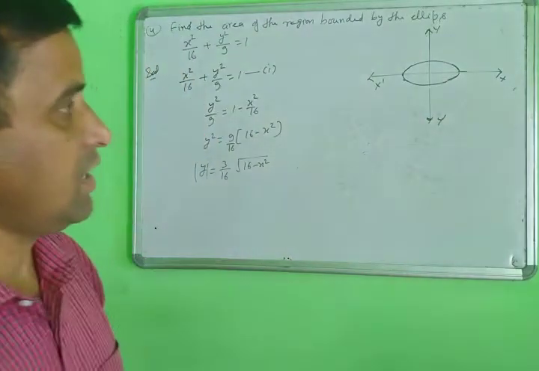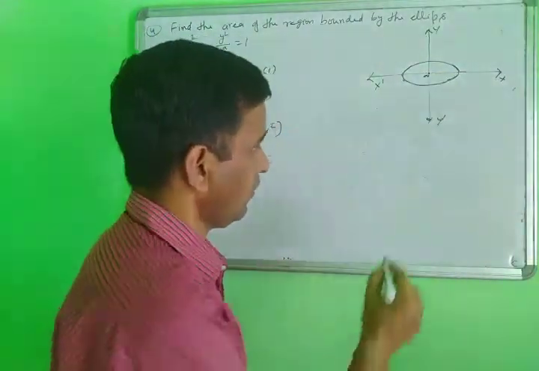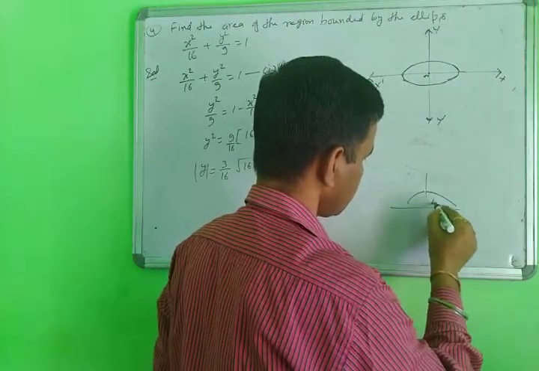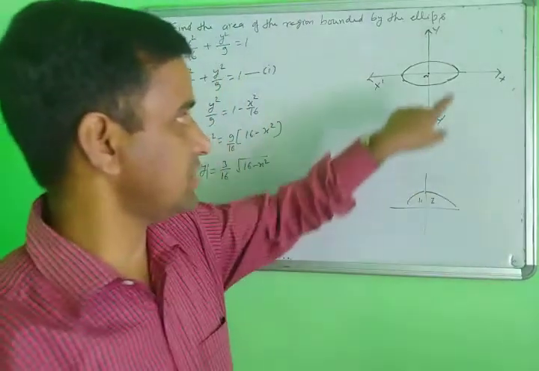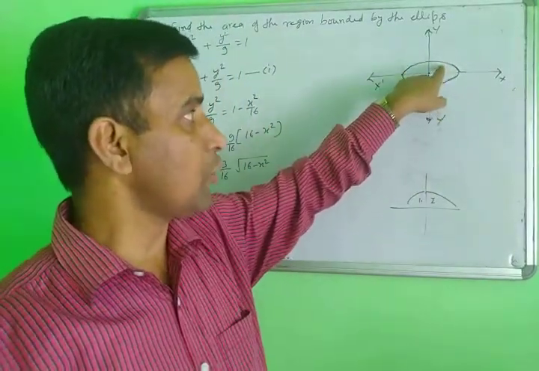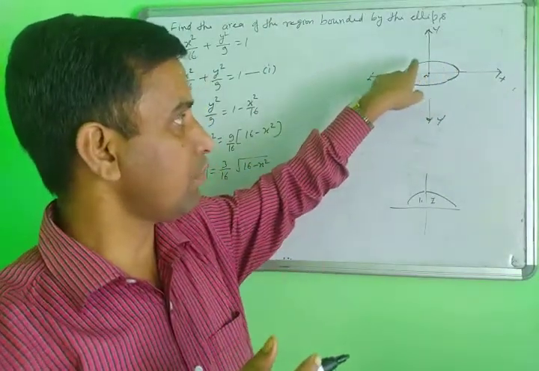In this ellipse, the origin is the point 0, 0, and the ellipse has 4 quadrants. Every portion, first, second, third, fourth, is an equal part. So you take only one quadrant, find its area, and then multiply by 4.